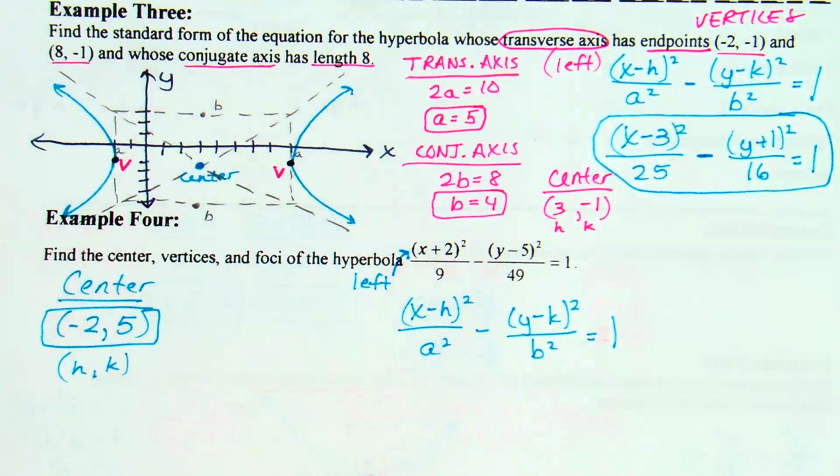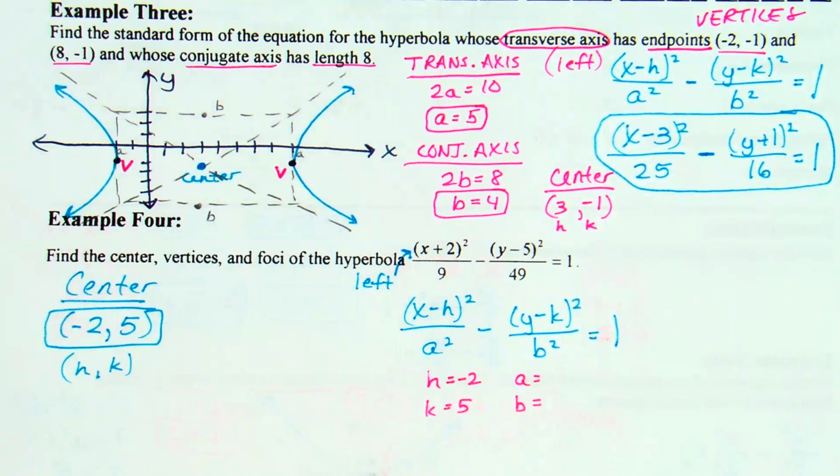We already talked about the fact that h is -2 and k is 5. Can you give me a and b? Okay, a is the square root of 9, so a is 3. B is the square root of 49, so b is 7.